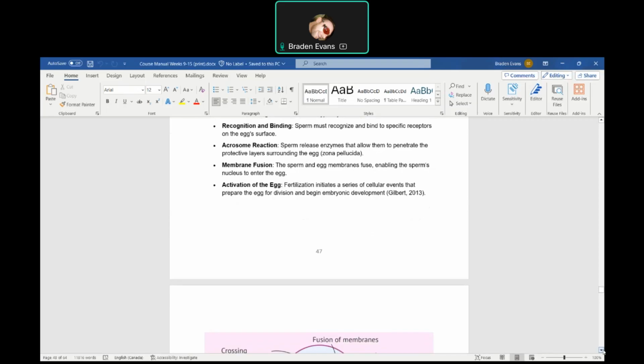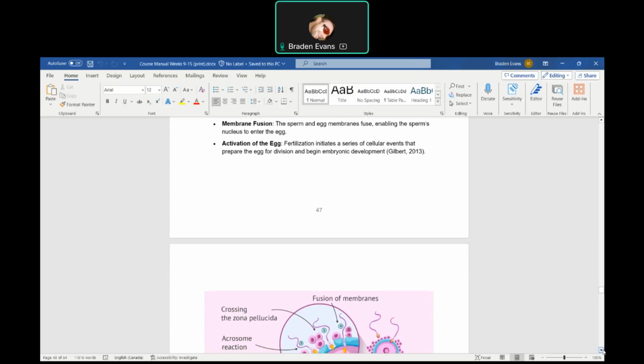There are receptors on the outside of the egg cell that the sperm has to attach to, almost like a lock and key fit. Okay, so there is binding to the receptors. That's when the acrosome reaction takes place. So the head of the sperm breaks down some enzymes, which helps it penetrate through the cell membrane of the egg.